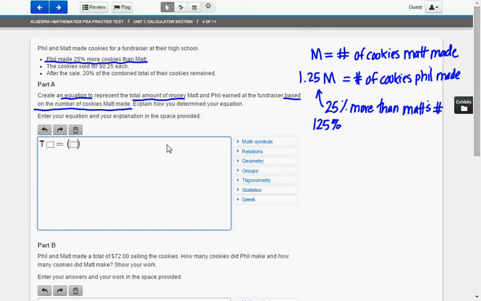I need to add Matt's number of cookies, that's M, plus Phil's number of cookies, which is 1.25 times M, and I need to multiply that by 80%.